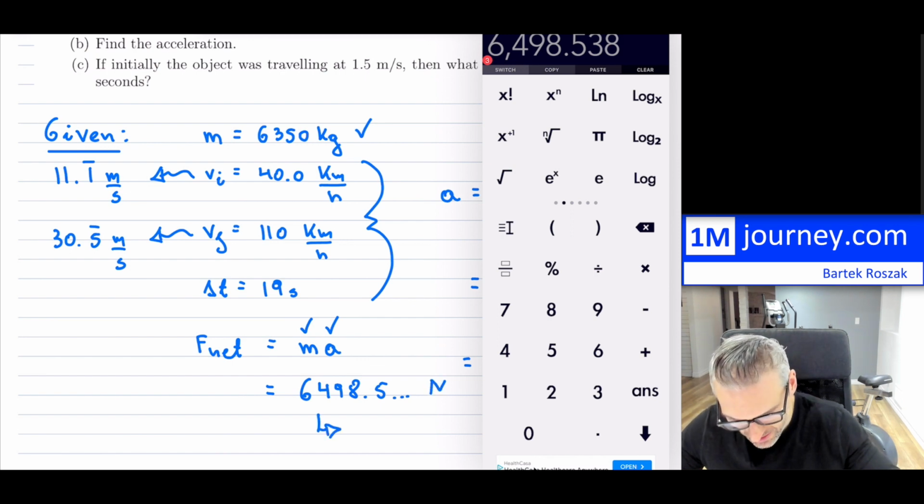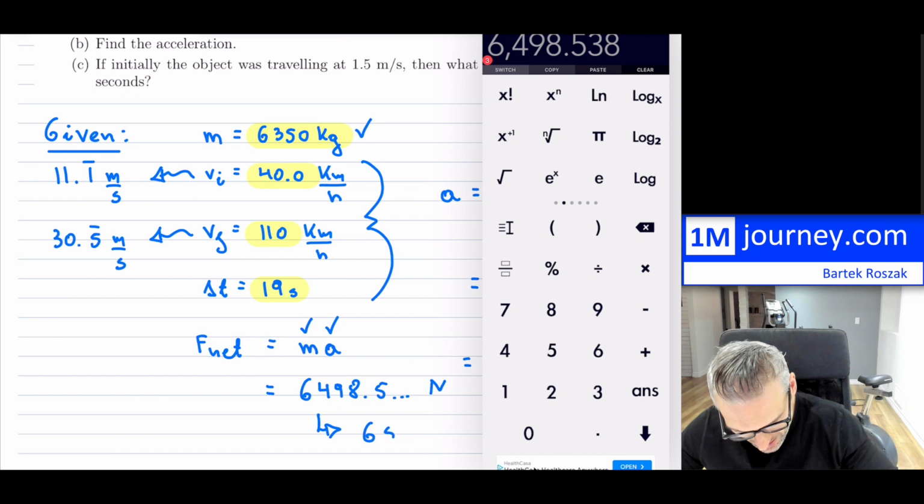Now, looking back, since it doesn't ask me to round to anything, I'll take a look at these. This one has 3 sig figs, and this one actually has 3 sig figs. This has 2 sig figs, this has 2 sig figs. So the minimum amount is 2, so I'm going to just round this off to 2 significant figures.